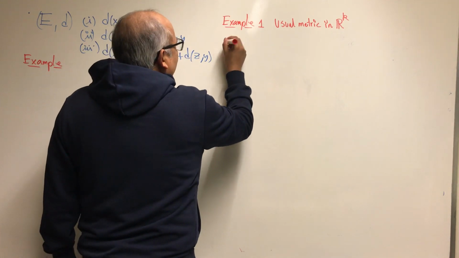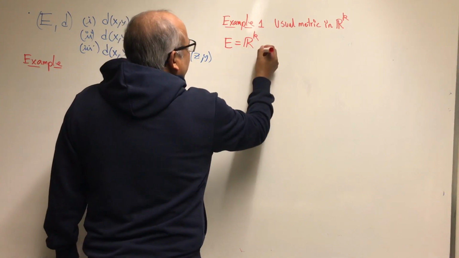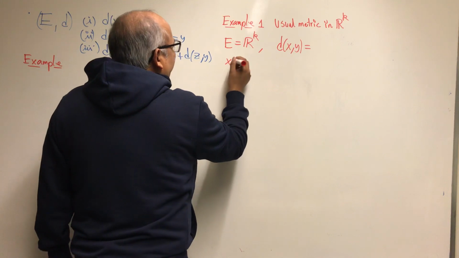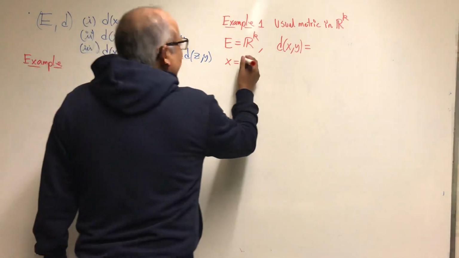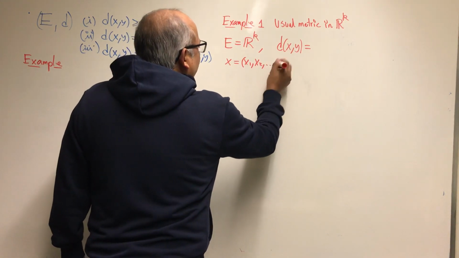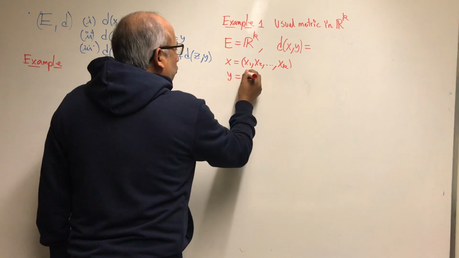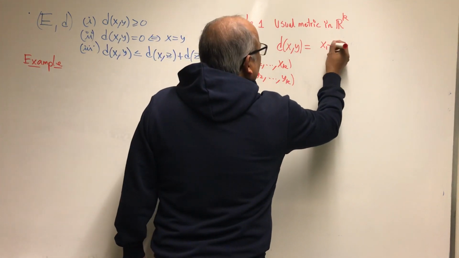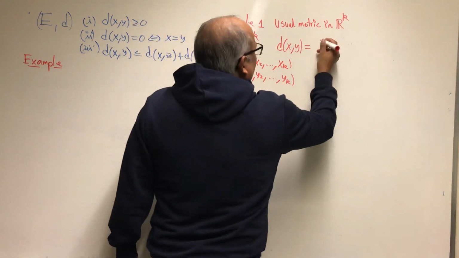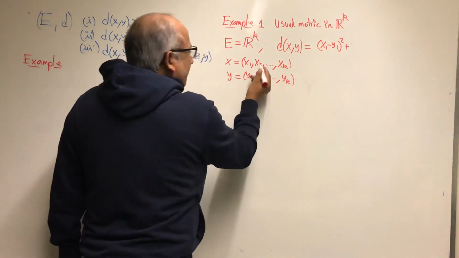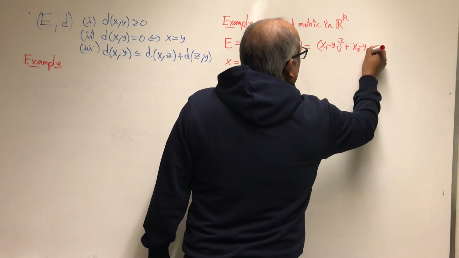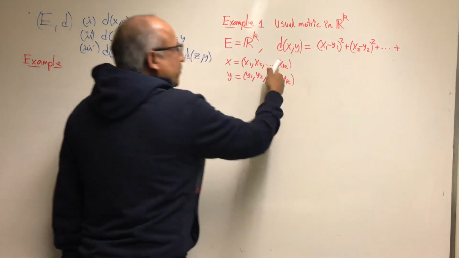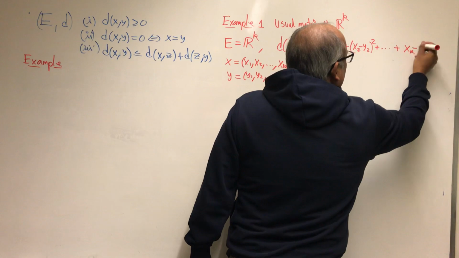You have E, the universe, the Euclidean space, and the distance from x to y is, in this case, where x equals (x1, x2, up to xk) and y equals (y1, y2, up to yk): x1 minus y1, so I subtract the first entries, and then I square that, plus I subtract the second entries and I square them, plus and so on, until I subtract the last entries and I square the difference.